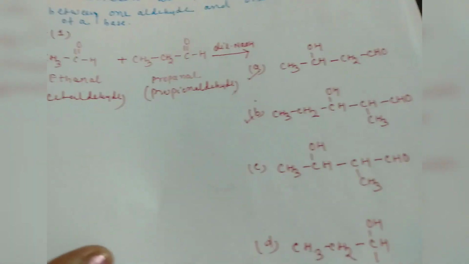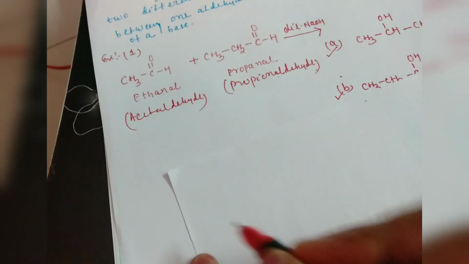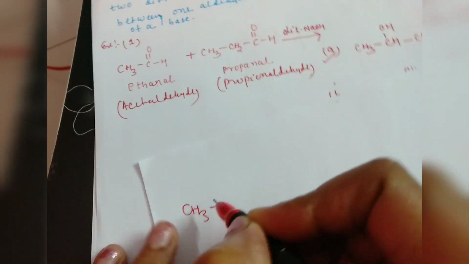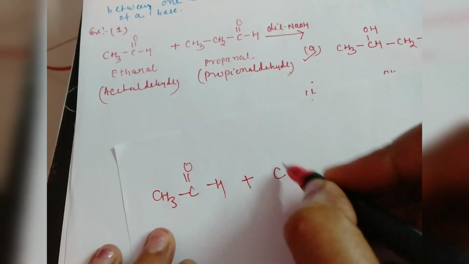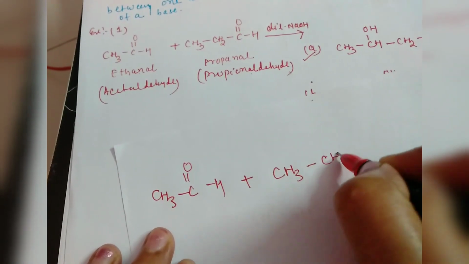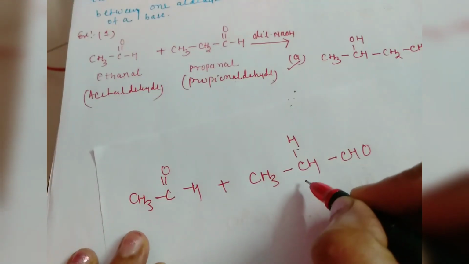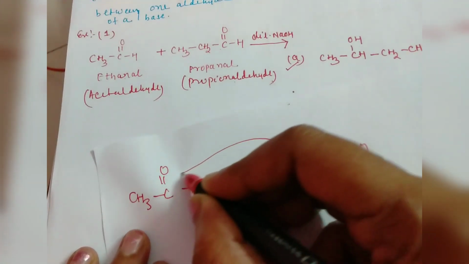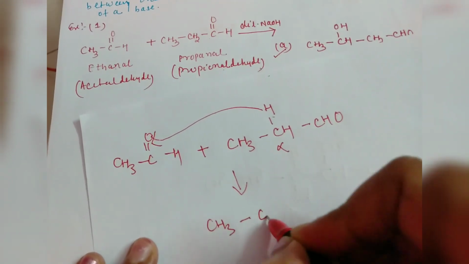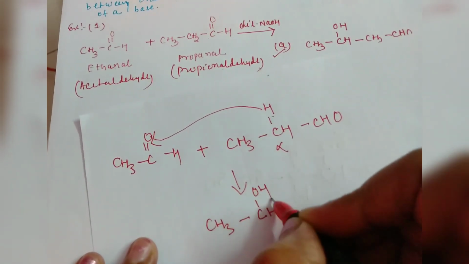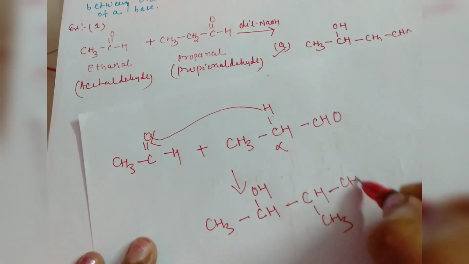The third product is, if I write CH3 C double bond OH, here it is CH3 CH2 CH. So this is your alpha carbon, this is the alpha hydrogen, this goes to this position. So the product will be CH3 CHOH CH single bond CH3 CH.